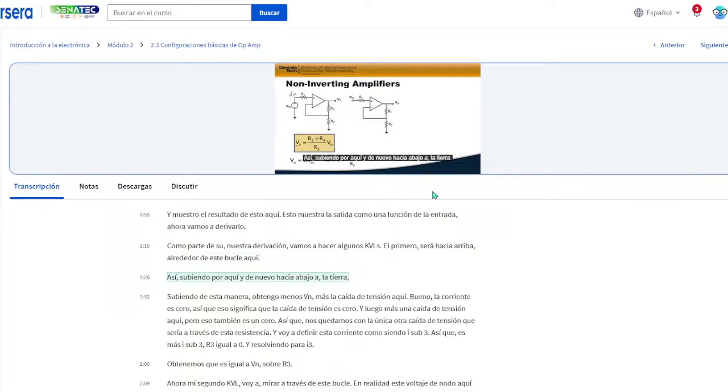All right, to derive an equation like that, I want to go back to the basics, which is the ideal op-amp assumptions.